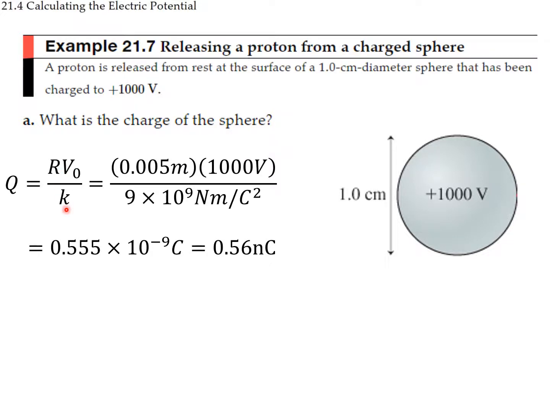The radius, which is half of this, is half a centimeter, put in meters, is all of that. And then the voltage is 1000, divided by the constant. So to charge this sphere to a voltage of 1000 volts requires 0.56 nanocoulombs.